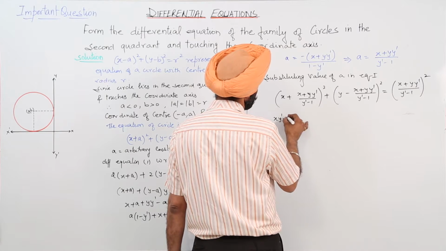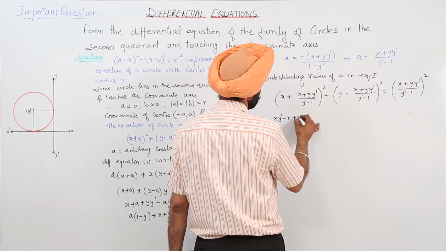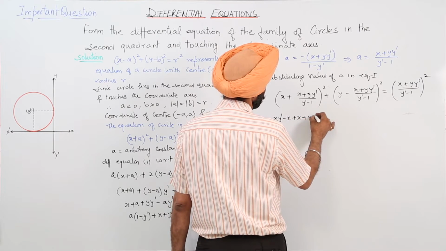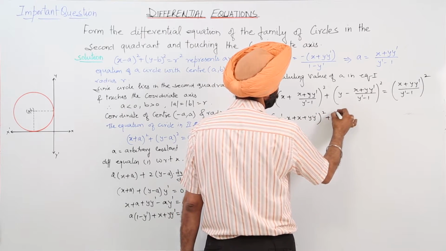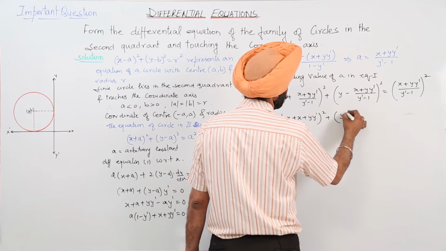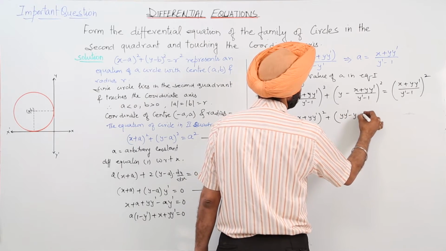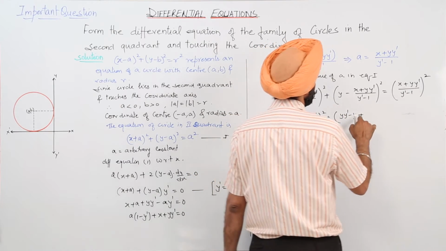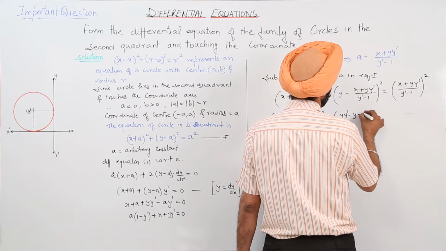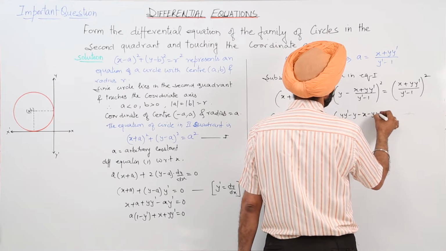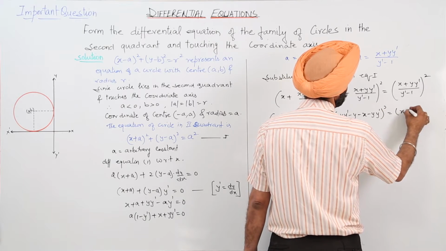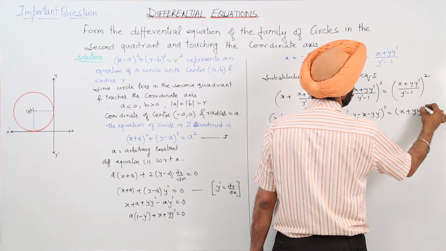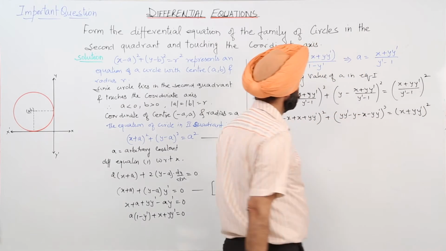(x y' minus x plus x plus y y') whole square plus (y' minus y minus x minus y y') whole square is equal to (x plus y y') whole square.